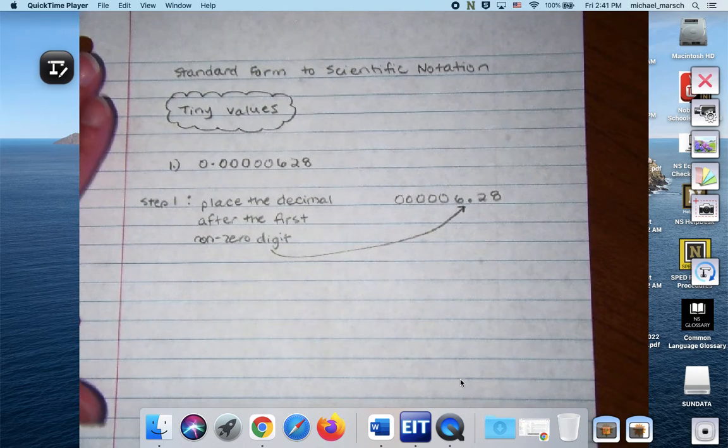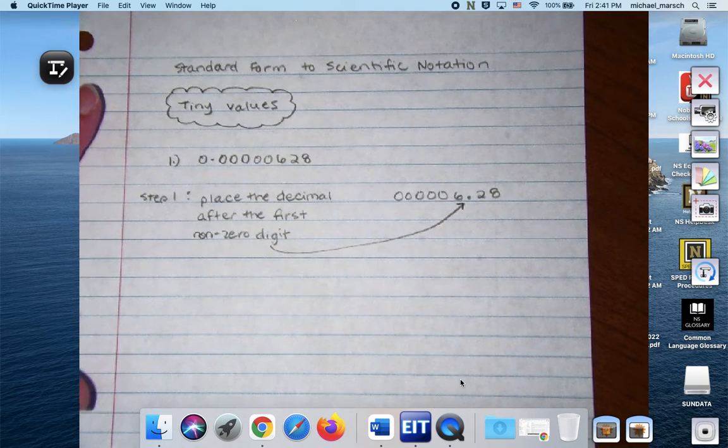So the first step is to place the decimal after the first non-zero digit.